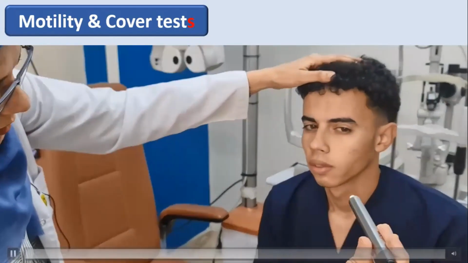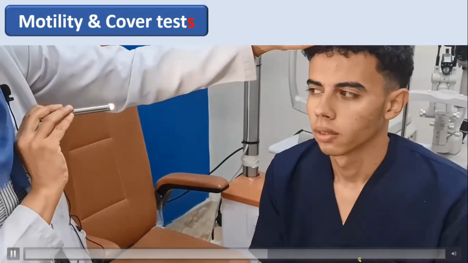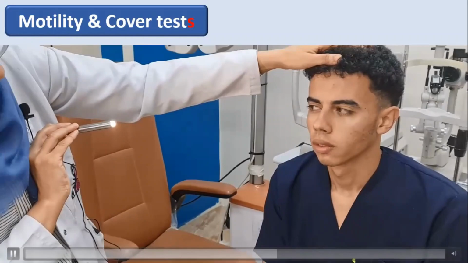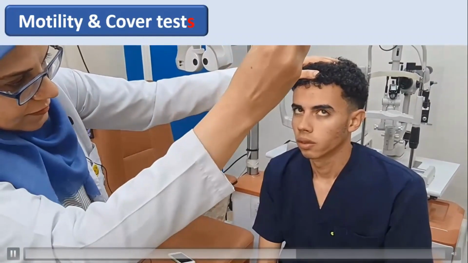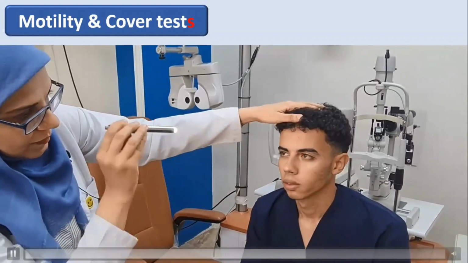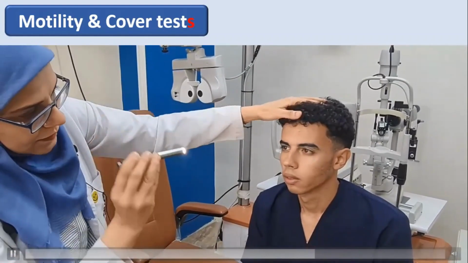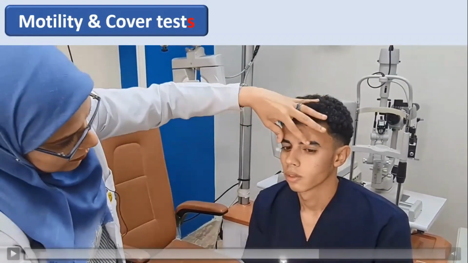There are different modifications regarding how we test ocular motility, but here I'm testing the horizontal first, because most of the time when we have an abnormality, it is usually in the horizontal gaze, and then up and out, up and left and up and right. I keep the lower gazes for the end, because in order to test the down gaze, like down and right and down and left, you have to elevate the upper eyelids to observe the eyes.